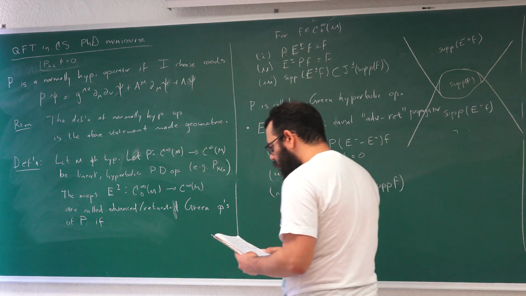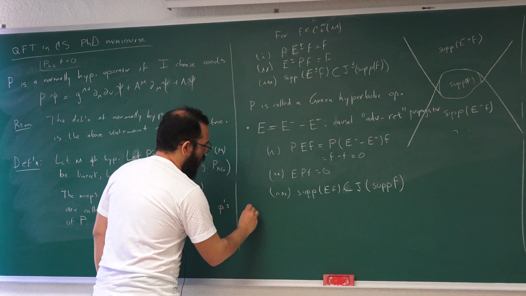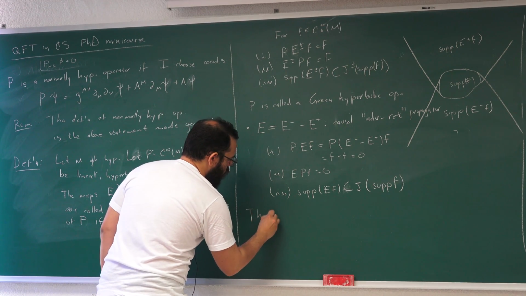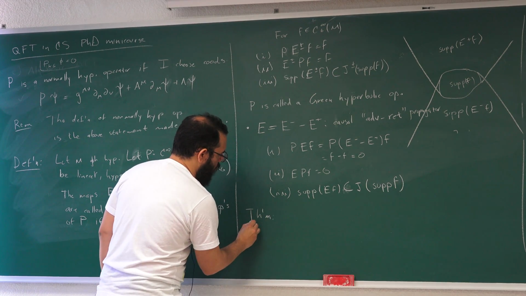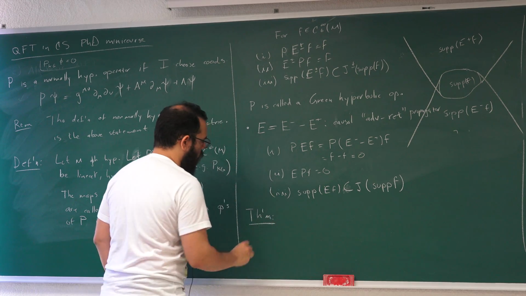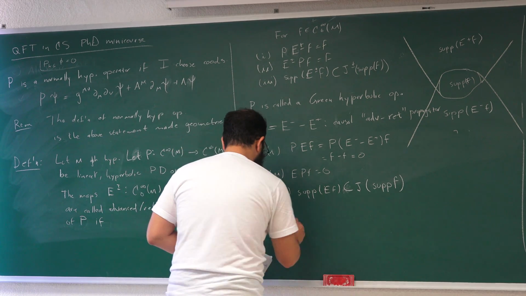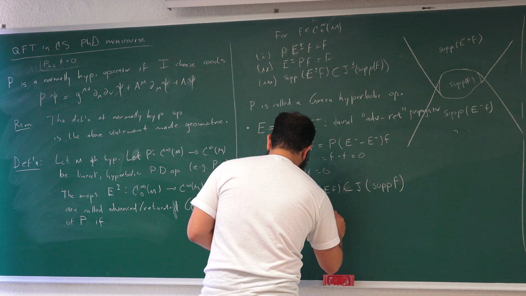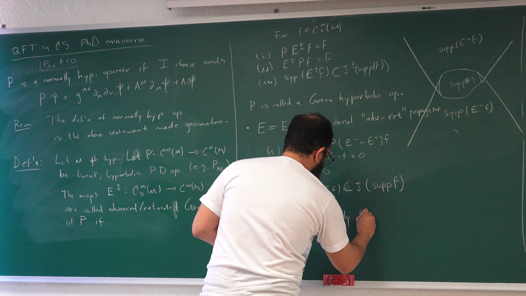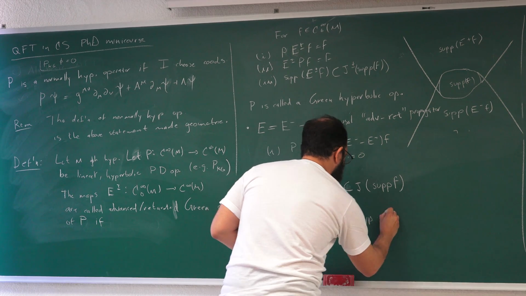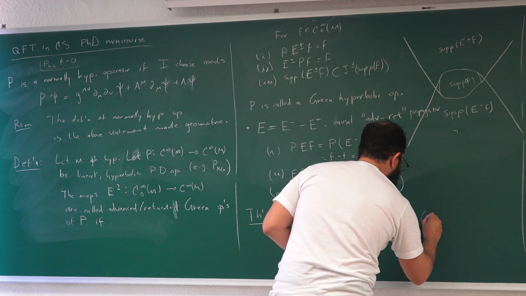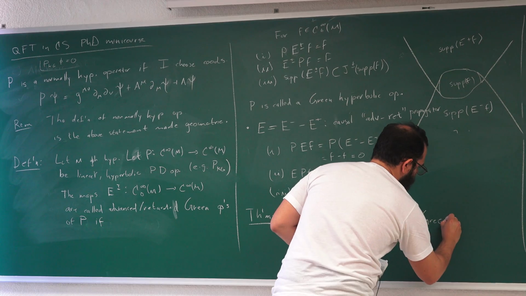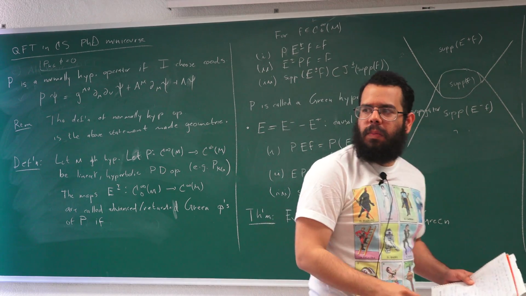Okay. So now, having introduced those normally hyperbolic operators and those Green hyperbolic operators, there's a little theorem, which is that every normally hyperbolic operator is Green hyperbolic.